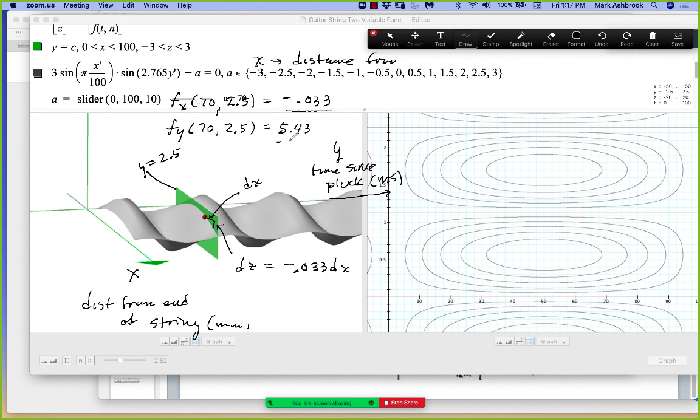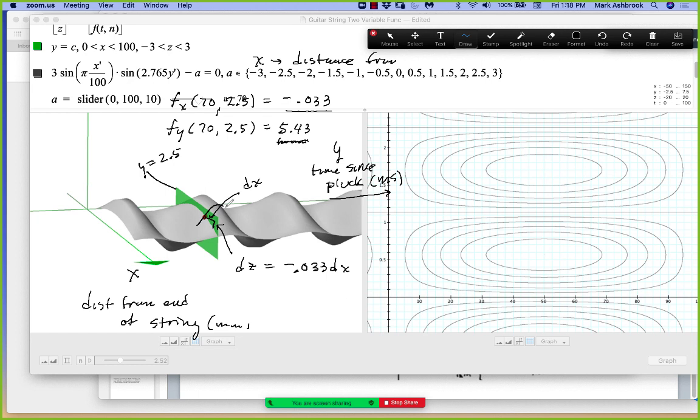What does it mean that the partial with respect to y is positive 5.43? What does that tell us about the surface? z changes by 5.43 times dy. Yep, and will z go up or down? Up, right?